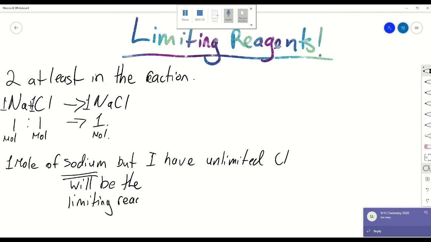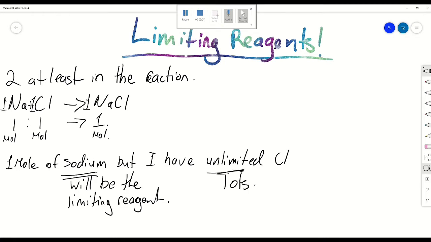The reason for that is I have only a certain amount of that stuff, heaps of this. So in that case, my sodium is my limiting reagent, and I would only ever be able to make 1 mole of sodium chloride in the end.